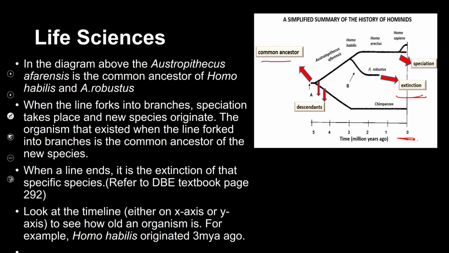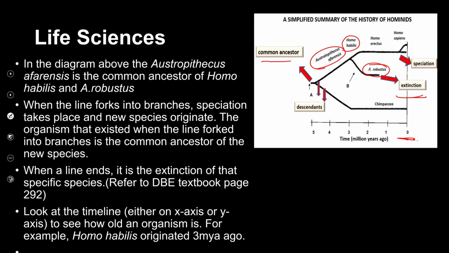In the diagram above, we can see Australopithecus afarensis. Okay, so there's Australopithecus afarensis, and they are the common ancestor of Homo habilis and Australopithecus robustus.